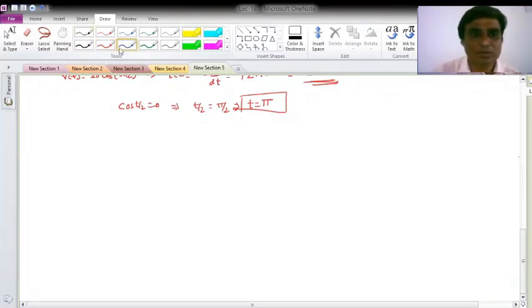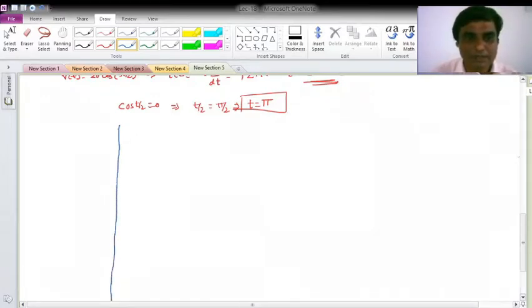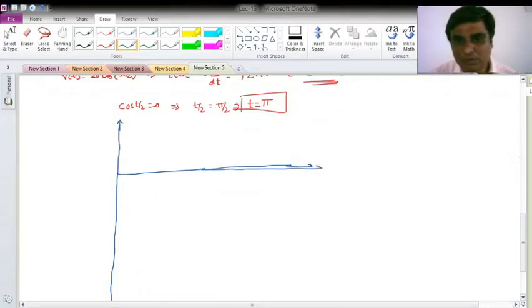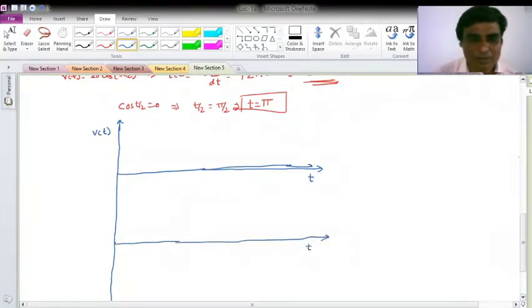So I have to plot. Okay. So this is your time axis. So first let me plot for the voltage, and then below it I'll plot for current, which is through the inductor.